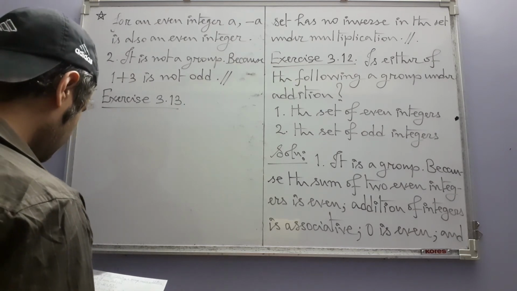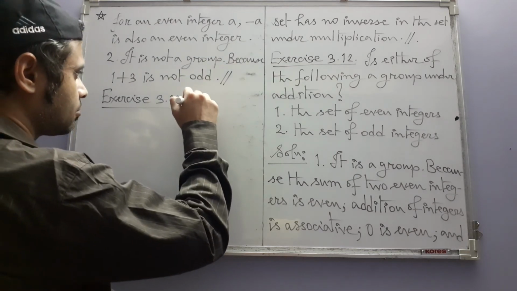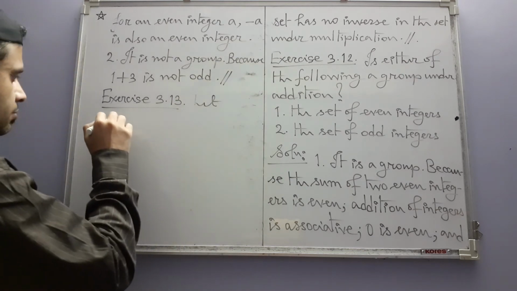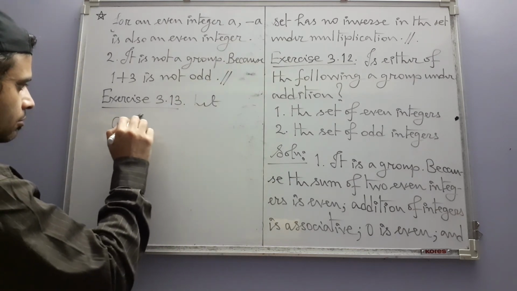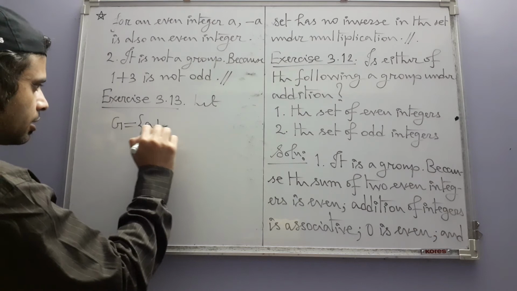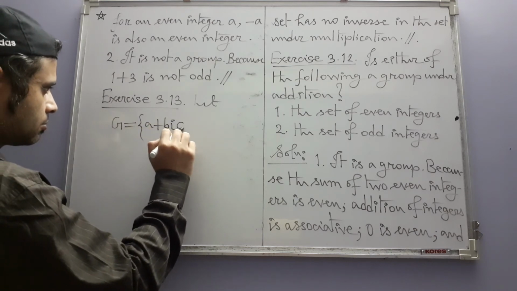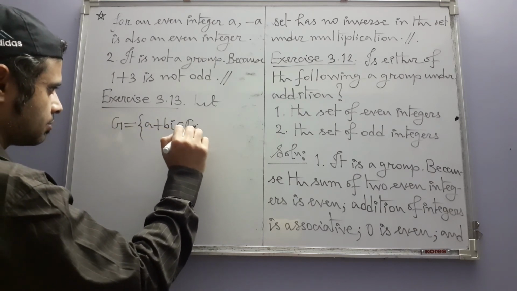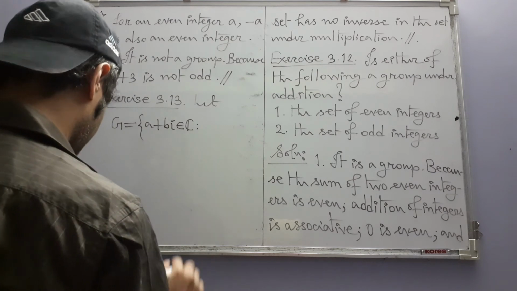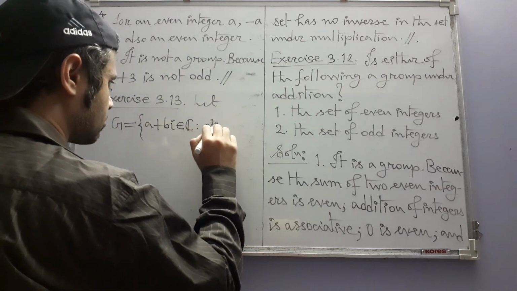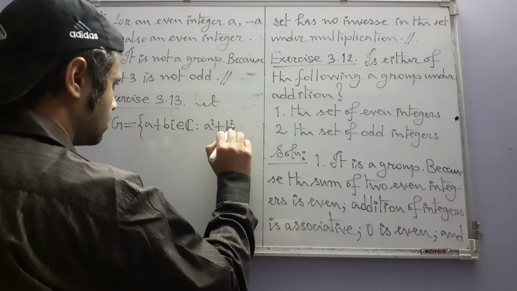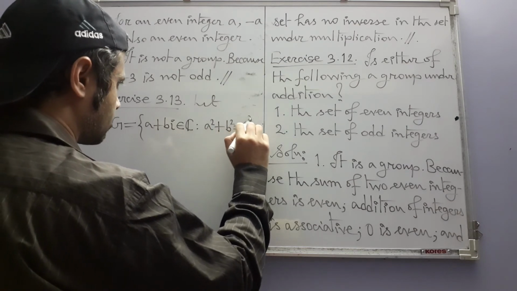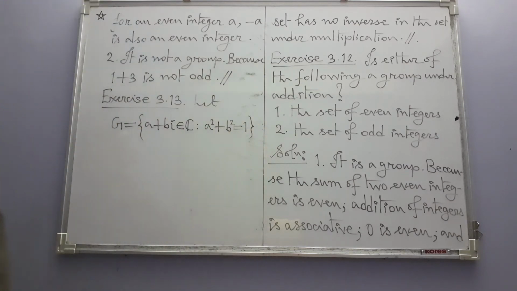Let G be the set of complex numbers for which the sum of the squares of the real and imaginary parts is 1.